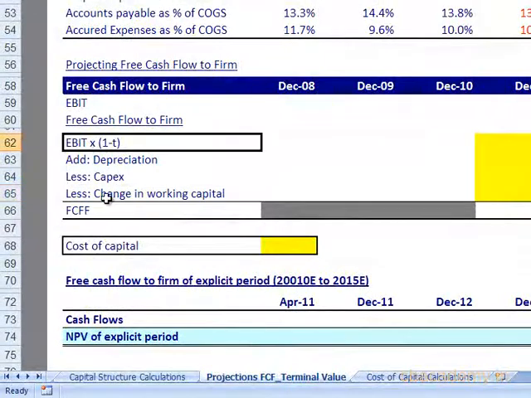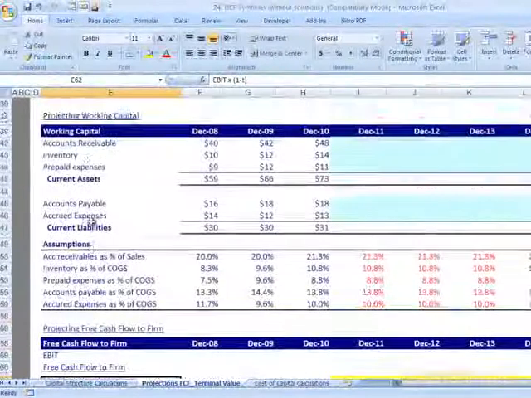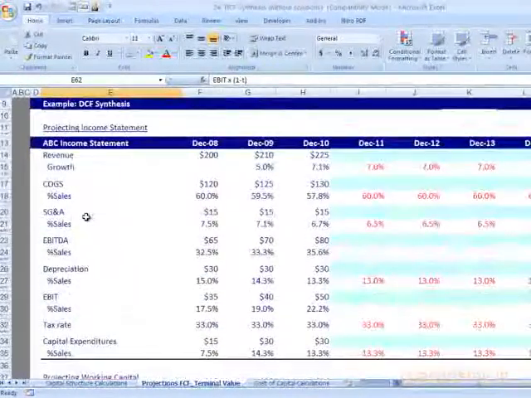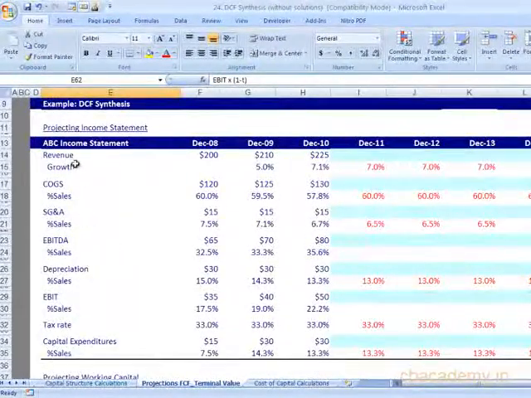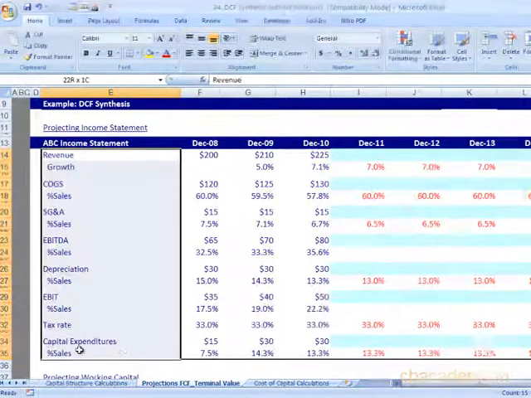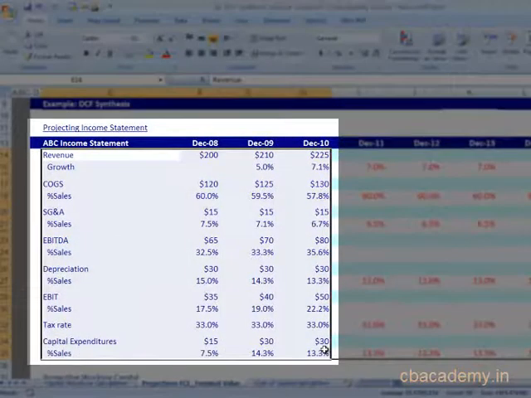If you look at line number 62, earnings before interest and taxes. To arrive at this number, we will have to forecast the top line numbers, cost numbers, and maybe the other numbers which come before this. That is why we have been given this set of historical numbers.